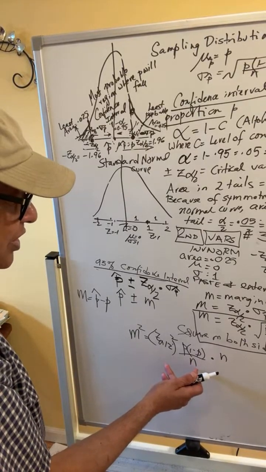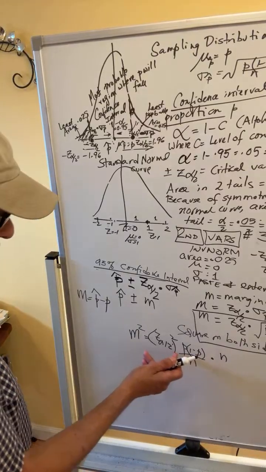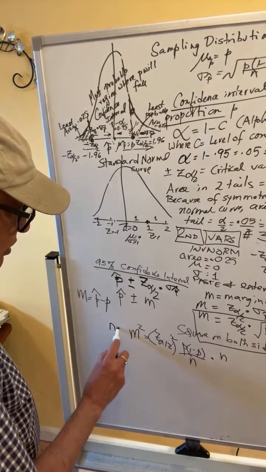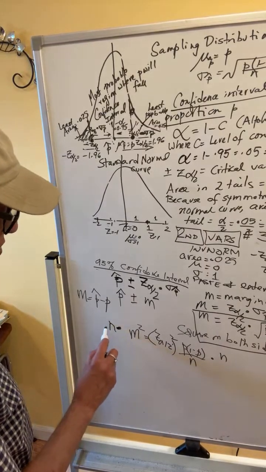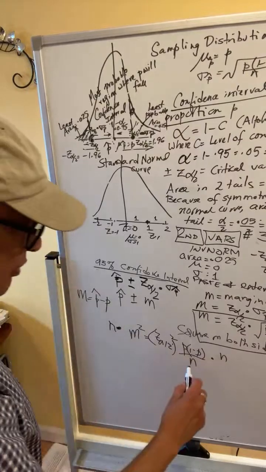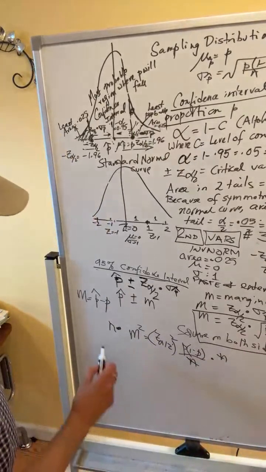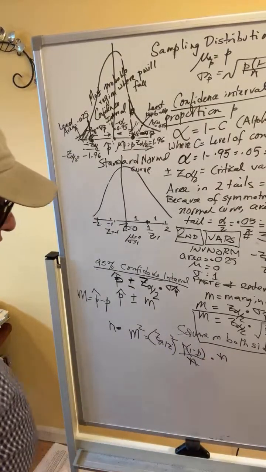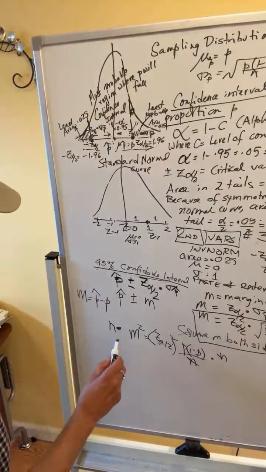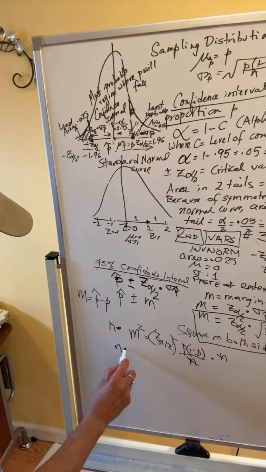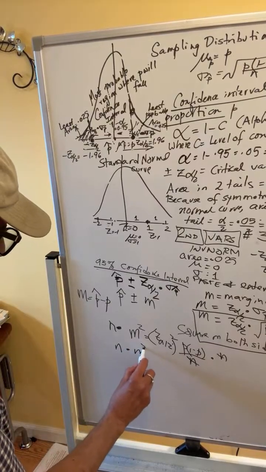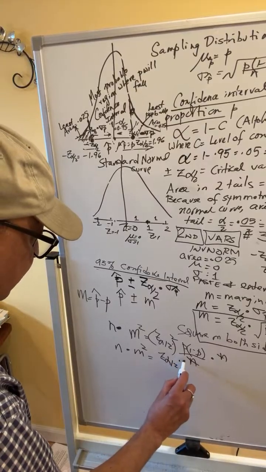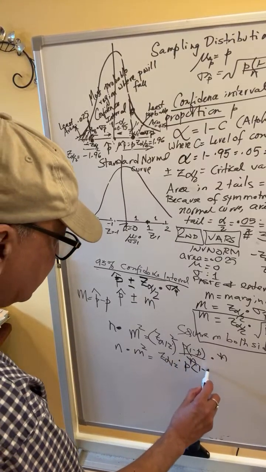In order to eliminate it, I have to do the opposite of division, which is multiplication. When I multiply on one side, I have to multiply on the other side by n too, because this is an equation. So this n cancels with this n. We have n multiplied by m square is equal to z alpha by 2 squared times p times 1 minus p.